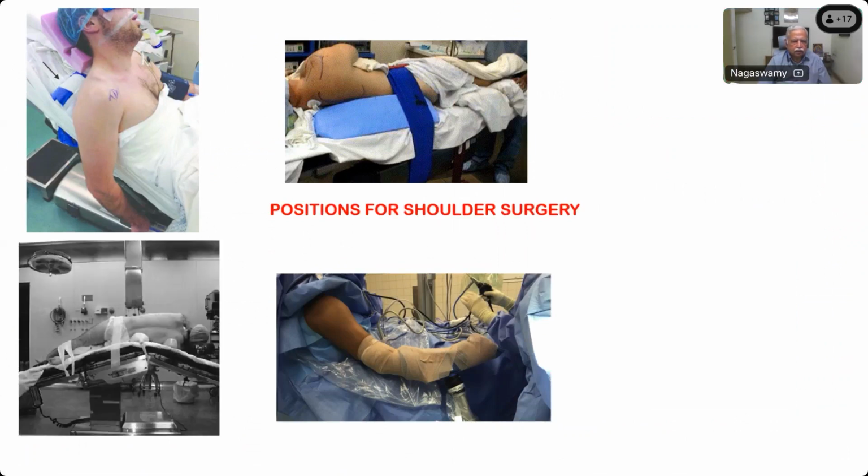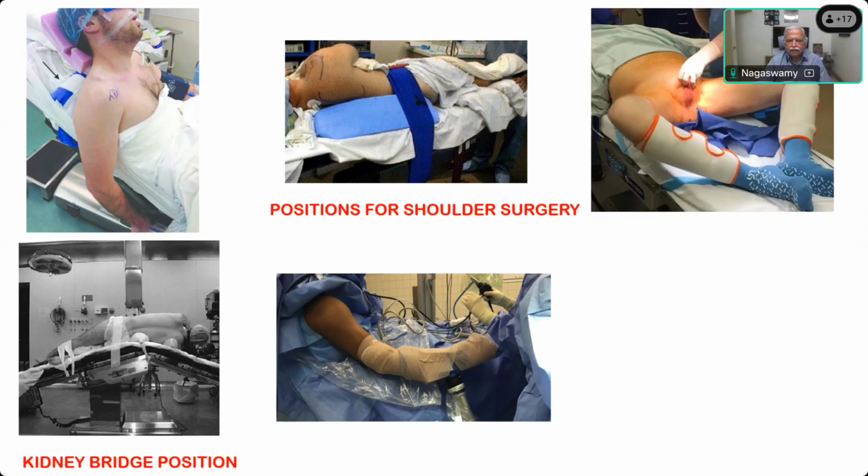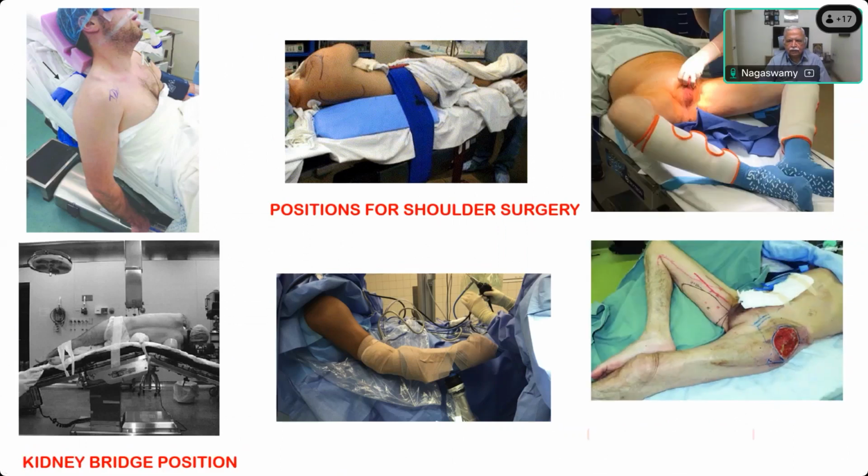And what is this position? Can you identify? Can you see something here? For renal surgery, this is called the kidney bridge position. And this is the frog-leg position.